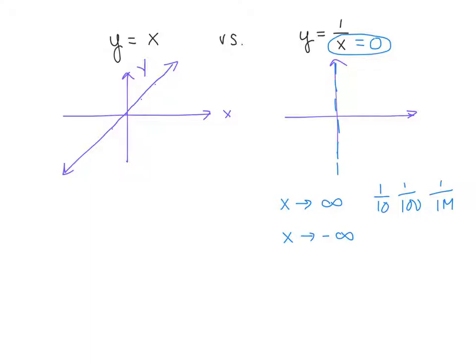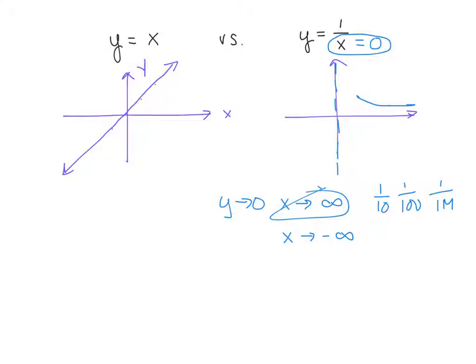So these numbers are approaching 0. In that case, the y value is approaching 0. As x goes to infinity, y approaches 0. So it looks something like this, right?